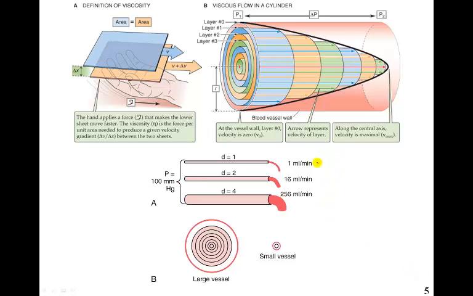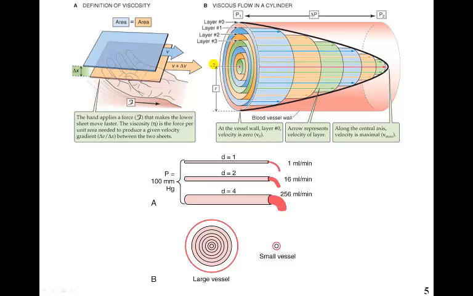This picture up here shows a vessel, and this is a diagram showing what blood acts like as it goes through that vessel. To understand what's happening here, let's think about the forces that are acting on the blood.